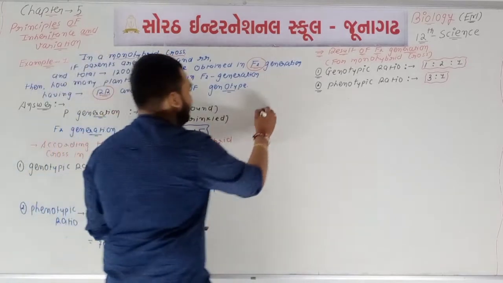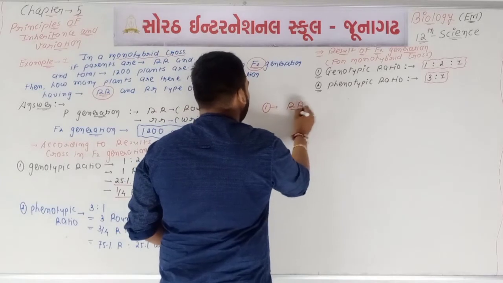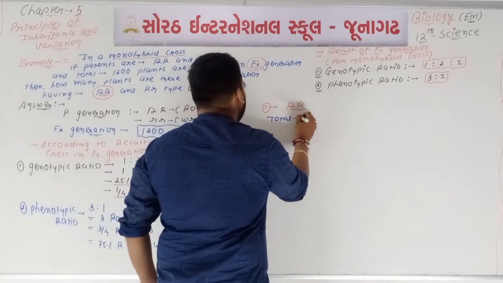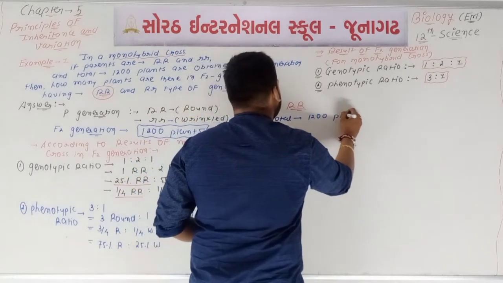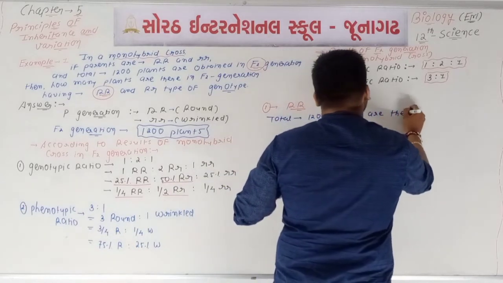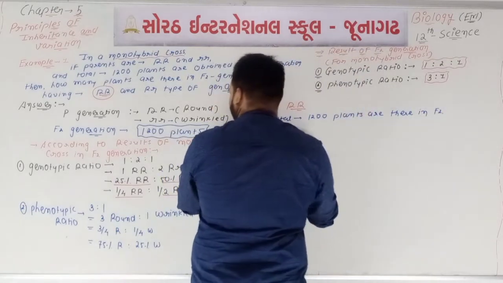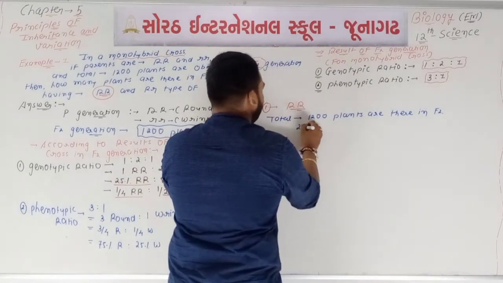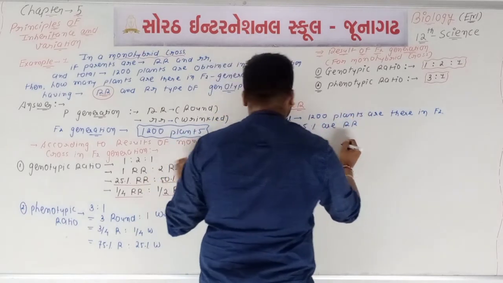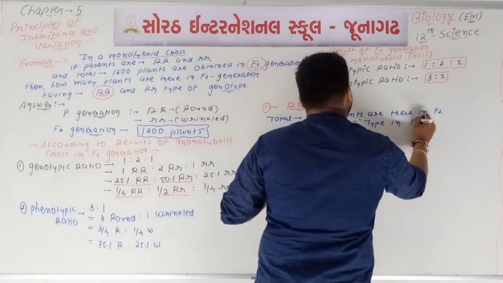So first, if we talk about the capital R, total 1200 plants are there in F2 generation. 25% plants are capital R type in F2 generation.